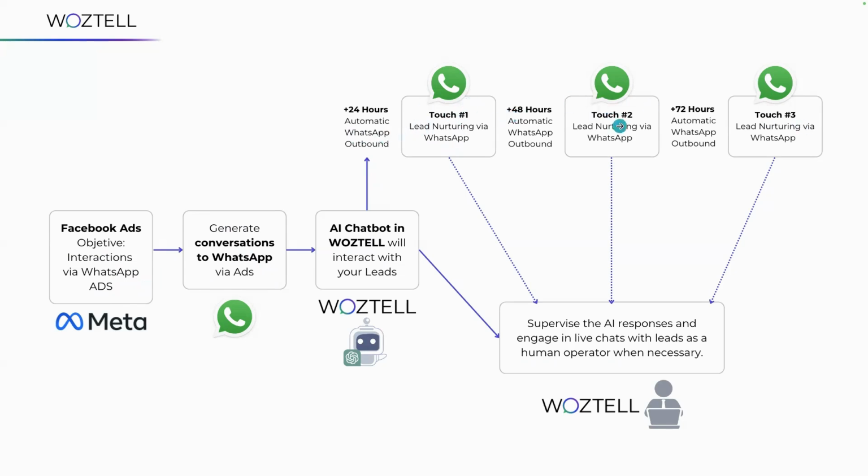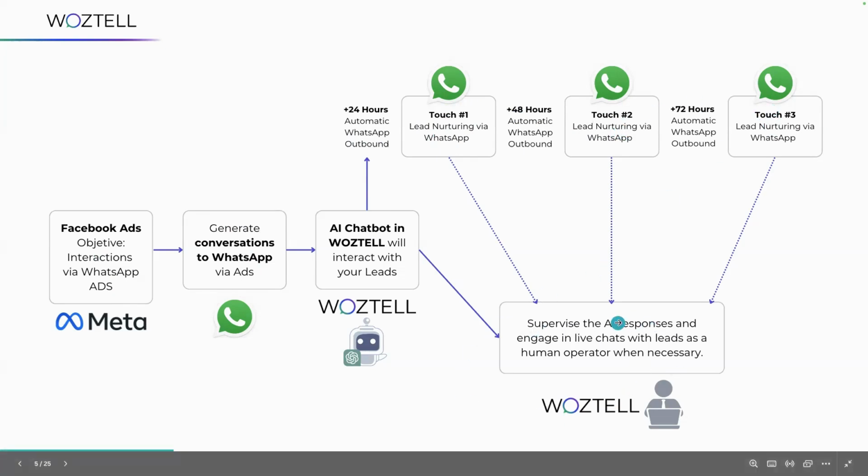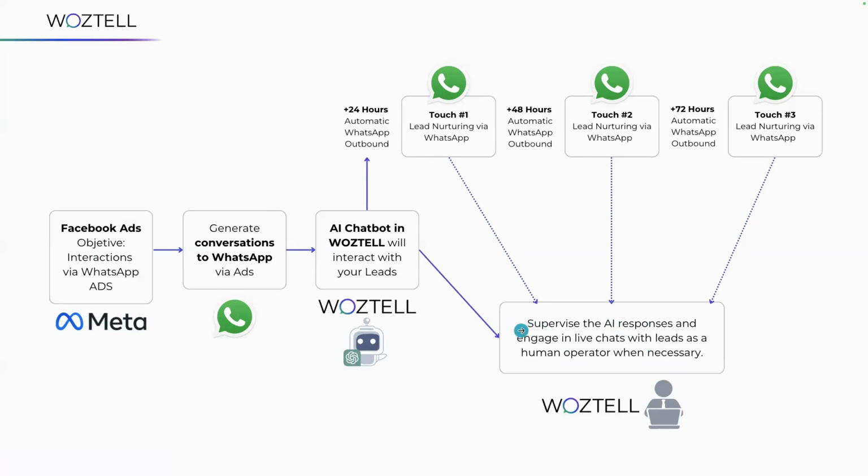So every single day, a lead nurturing message is sent out. And throughout the entire conversation, the human operator can jump in and supervise the AI response at any time, because the WOZTELL inbox allows switching between chatbot mode and live chat mode.